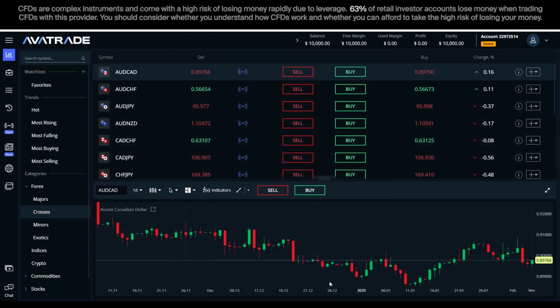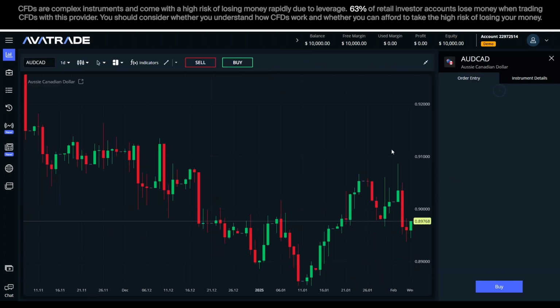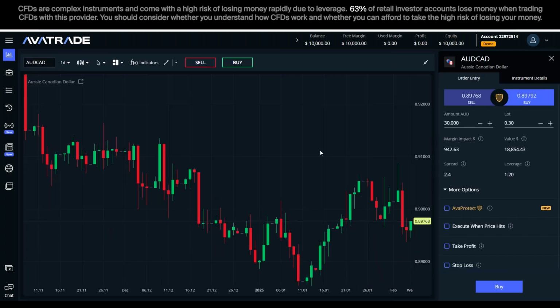Now, the advantage of using Ava Social is that when you use the app and get to the screen where you want to copy this other trader, you can also customize the lot size.